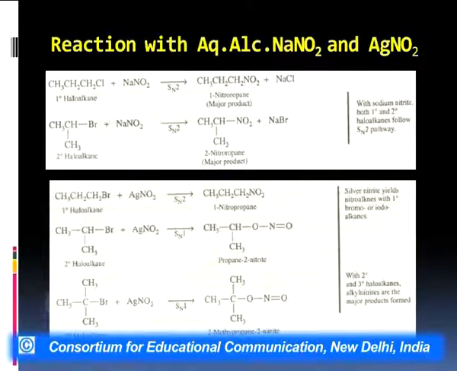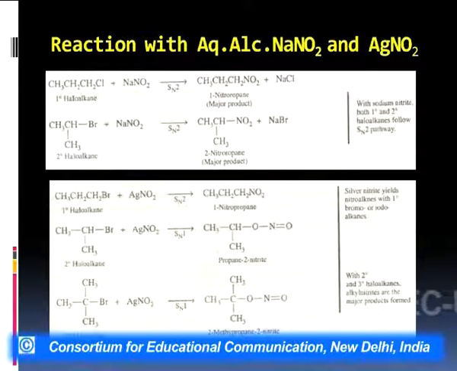Whereas when we do the reaction with AgNO2, and the mechanism is SN1, then the reaction will take place through oxygen and we will get nitrites. So this is how ambident nucleophiles can give us two sets of products.